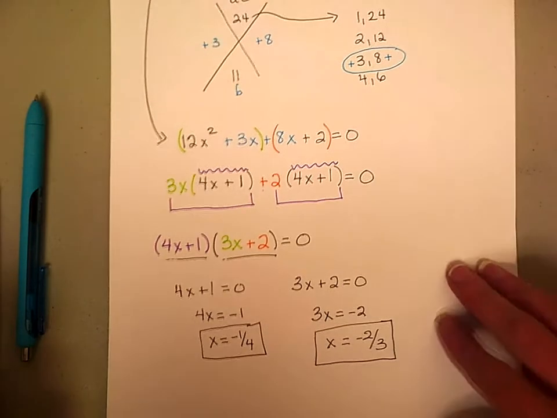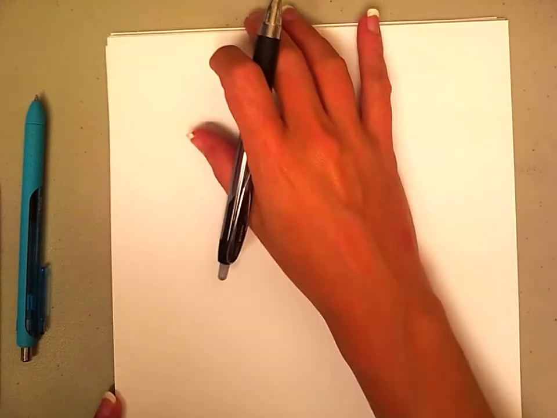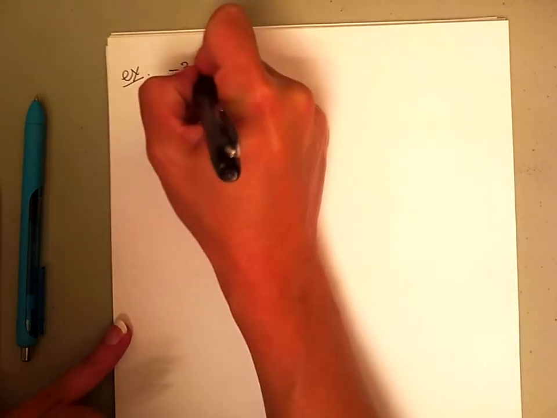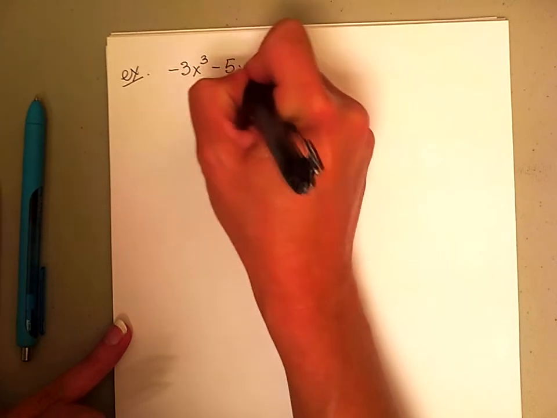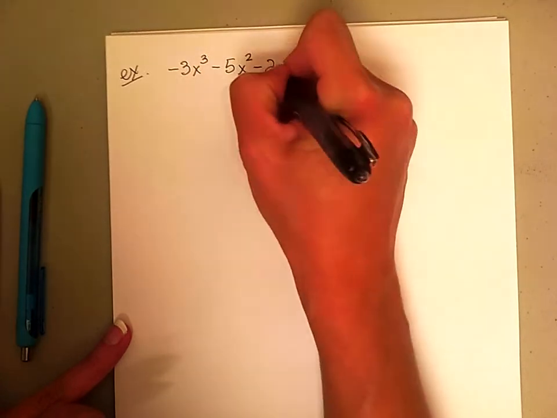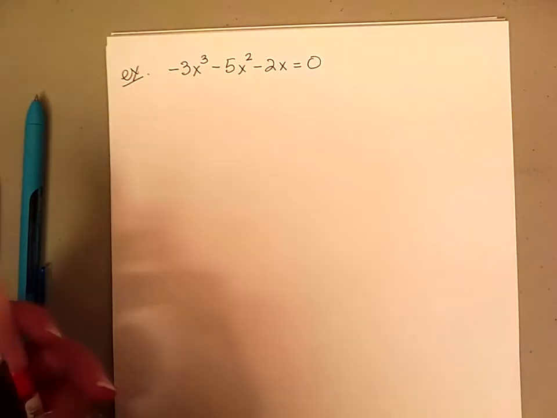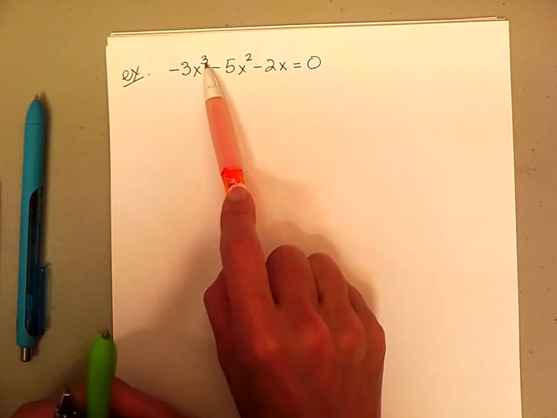Sometimes it's really helpful for us to look for a greatest common factor before we begin factoring. So for example, if we had negative 3x cubed minus 5x squared minus 2x equals 0, the degree of this polynomial is 3. This is no longer quadratic.